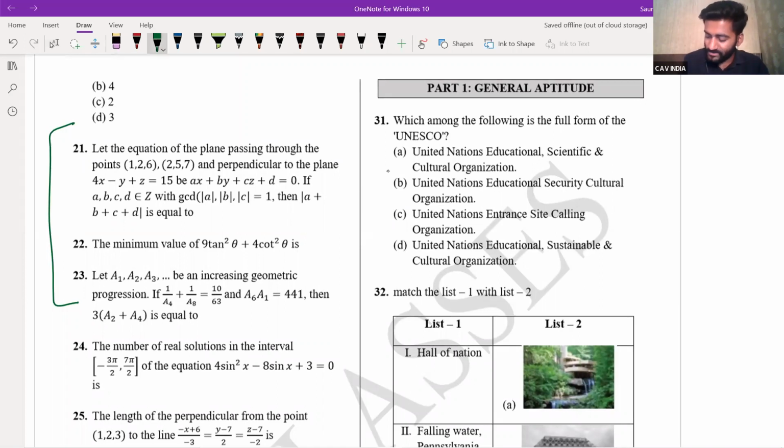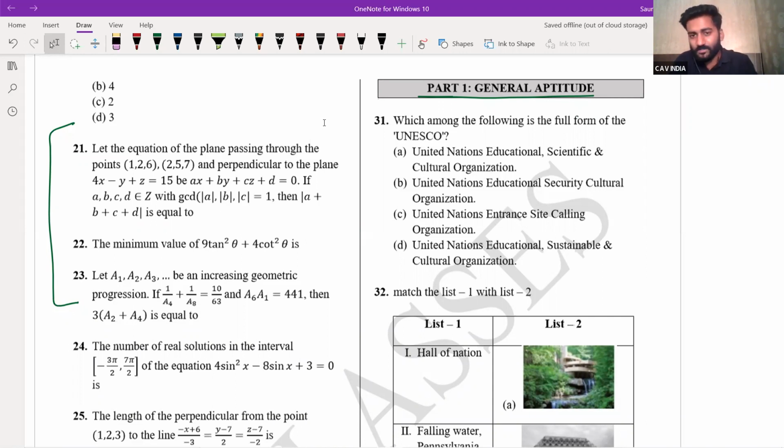Okay, so if we now start with the general aptitude part, the first question they are asking is about which among the following is the full form of UNESCO. Now these are the type of questions which are the general awareness kind of questions. They are asking about UNESCO or sustainable development goals, how many are there, and then what are smart cities, what are some green solutions.